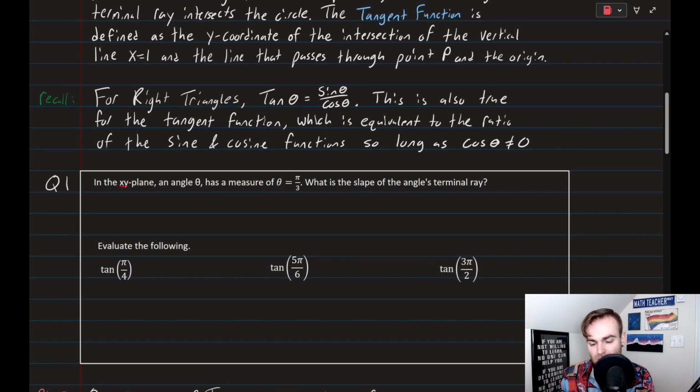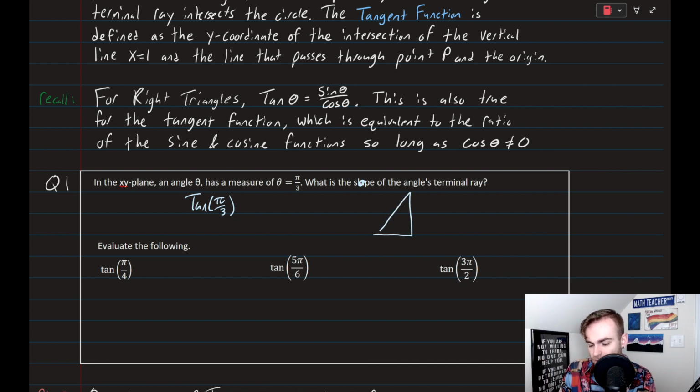In the xy plane, we have an angle theta, and its measure is pi over 3. What is the slope of the angle's terminal ray? That is basically asking for the tangent of pi over 3. How I go about all of these trig things so far is I draw the triangle.